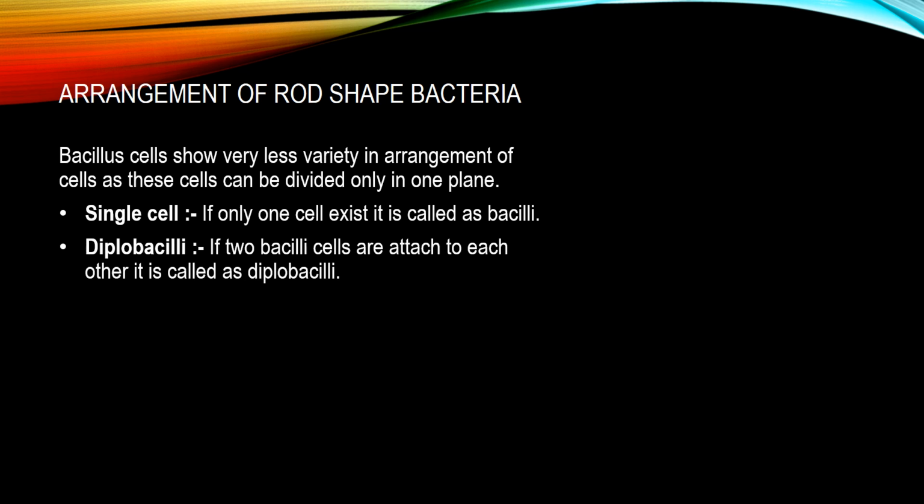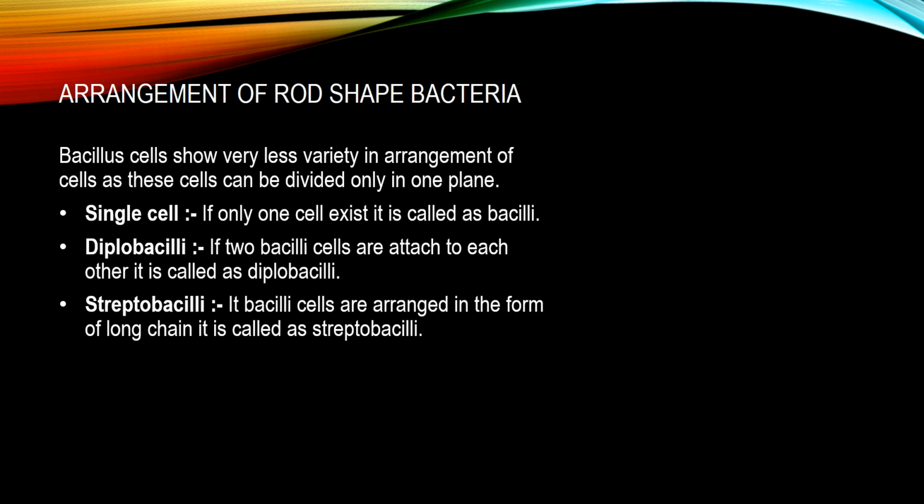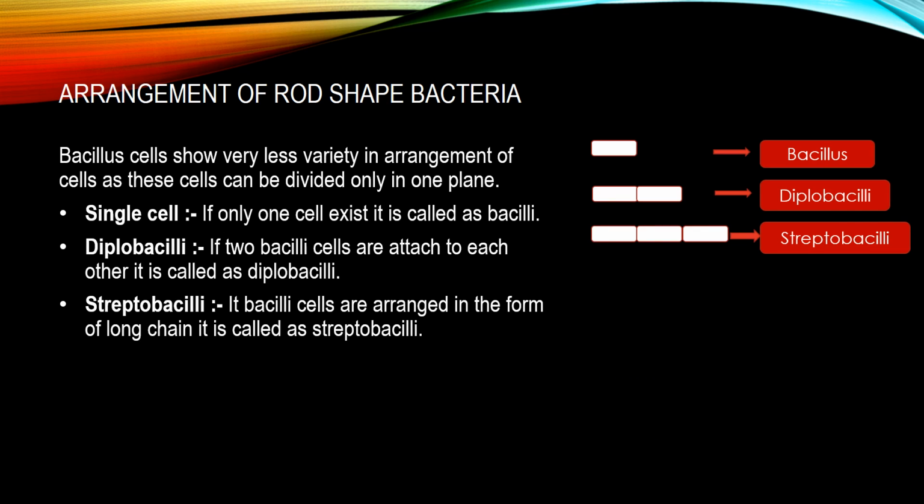If two bacillus cells are attached to each other, then it is called diplobacilli. Next is streptobacilli. If the bacilli cells are arranged in the form of a long chain, then it is called streptobacilli. In this diagrammatic representation, you can see bacilli, diplobacilli and streptobacilli.